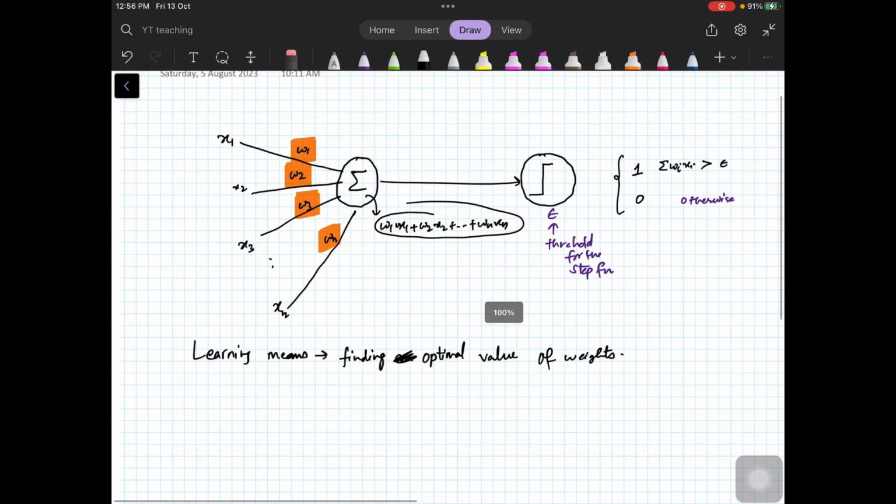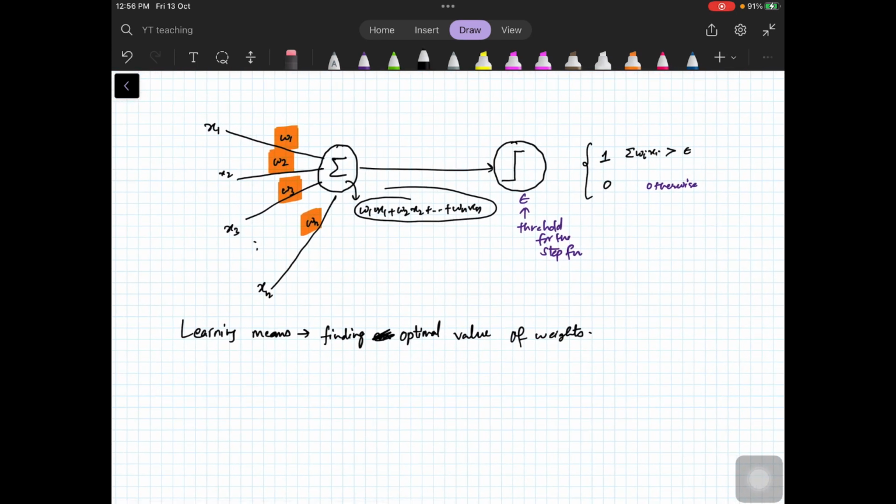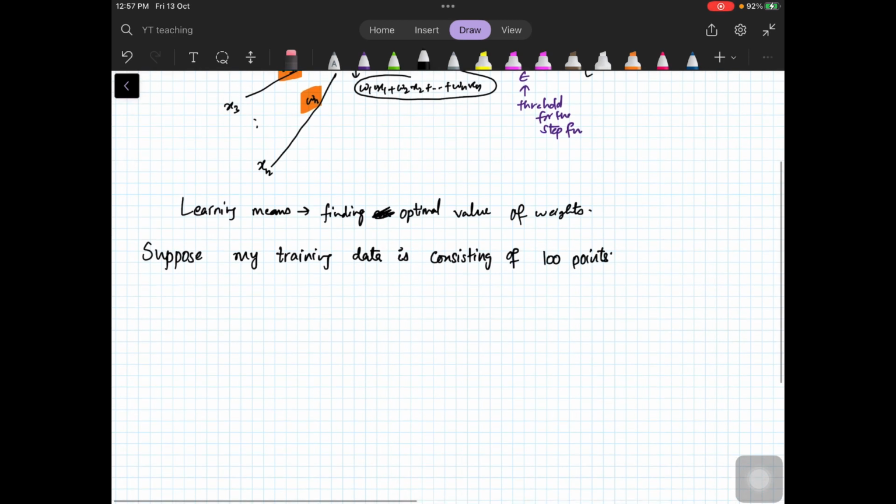So how do we make our perceptron learn? The idea is, suppose I have these inputs already. Suppose my training data consists of 100 points. So I have my data point as x1, x2, xn.